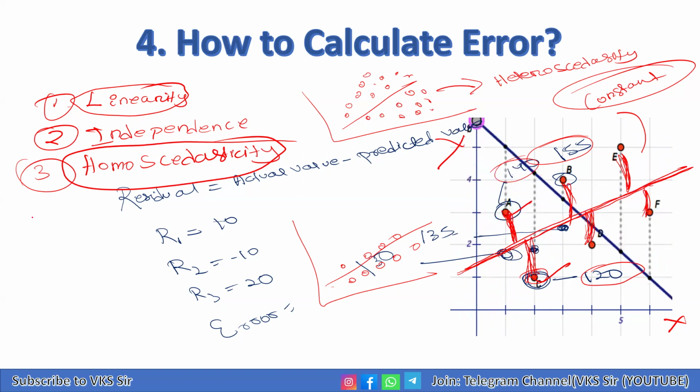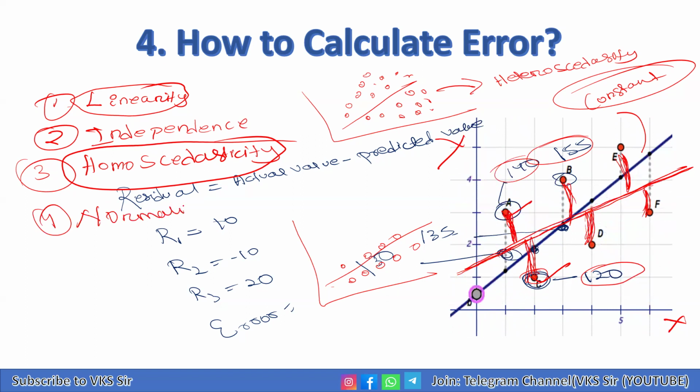Now the next assumption is normality. Normality means the error term is normally distributed.